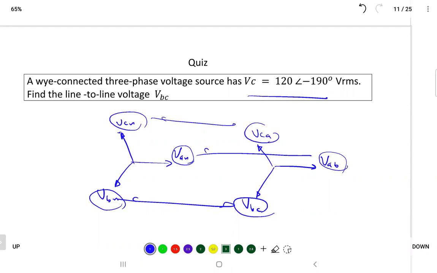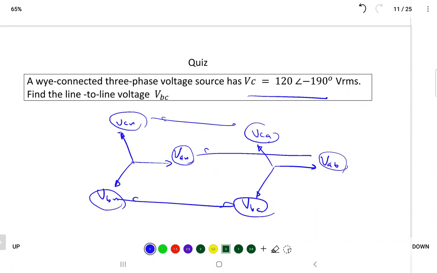So that's how you get it. Of course, you know the relationship with the magnitude. I'm sure you know the magnitude, but you're looking for the angle now. VC is the same as VCN. Not the same, but related, like VAB related to VAN. What's the relationship?